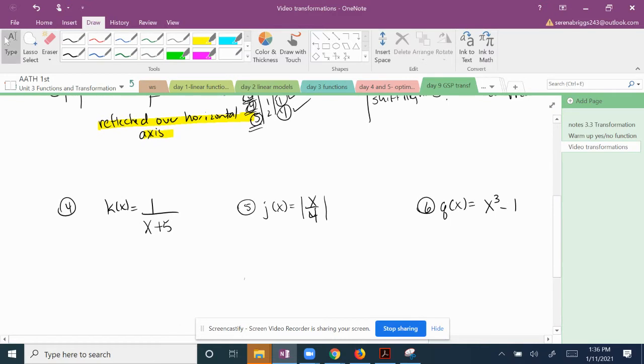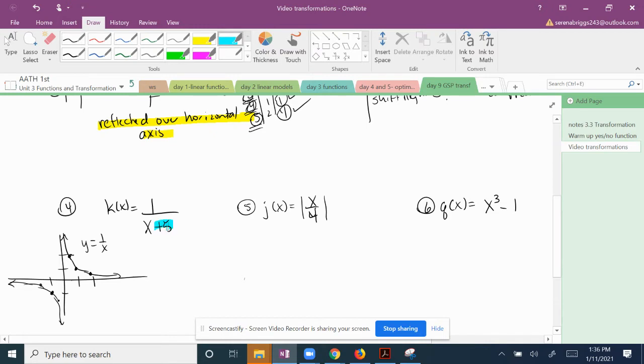Number 4, my parent graph for 1 over x: 1 gives you 1, but 1/2 gives you 2, and 2 gives you 1/2. There are your key points for the parent graph, y equals 1 over x, and then it has origin symmetry, so we're going to see a repeat in quadrant 3. That's the parent graph.